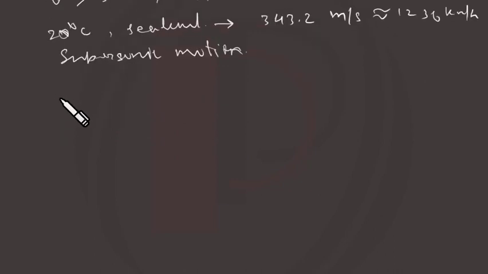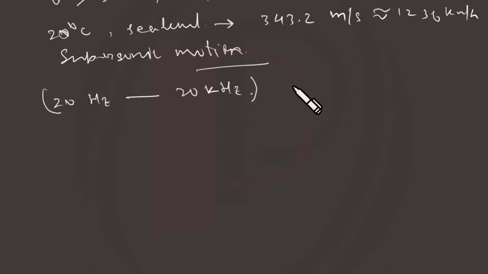Remember one thing, to produce sound we need a vibration. Without vibration the sound cannot be produced. Now, can all the vibrations produce sound? Of course it can, but we cannot hear all the vibrations. We can hear only vibrations between 20 Hz and 20 kilohertz, or 20,000 Hz.